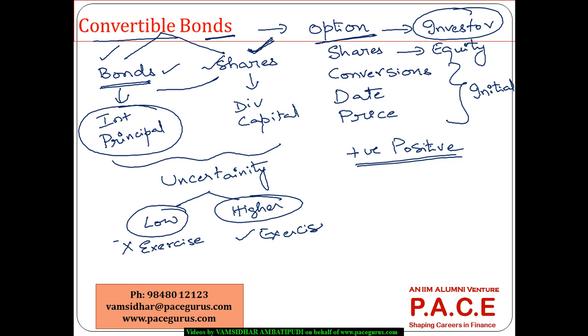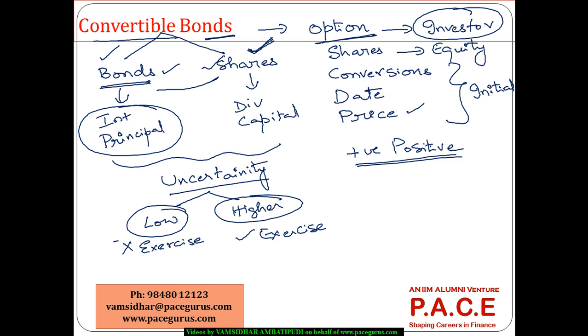He will, because he can buy the share at a much lower price, because that price has been decided at the outset itself. So he will buy the share at a much lower price, whereas the market price is much higher. If possible, he will sell it off immediately into the market and make an immediate gain.